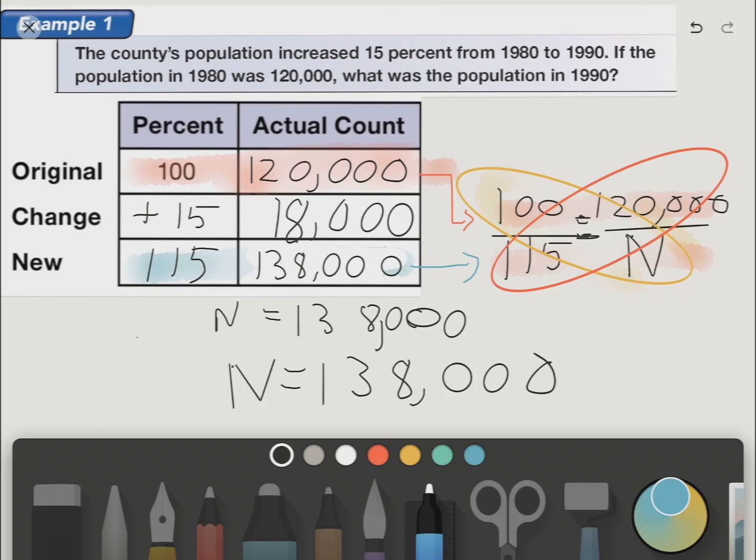And so we have an original population of the county was 120,000. There's a change of 15%, which was 18,000 people increase. So our new population in 1990 was 138,000 people.